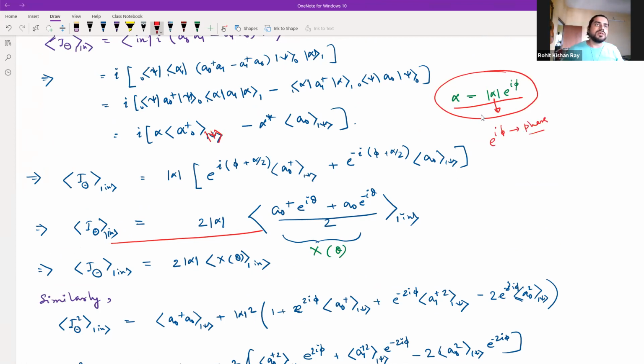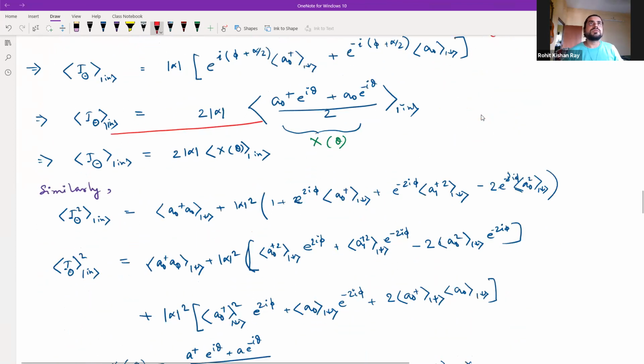Now, interestingly, this phi is also incorporated in theta. Theta is something of the form, phi. So the phase is in the theta. So that's it.